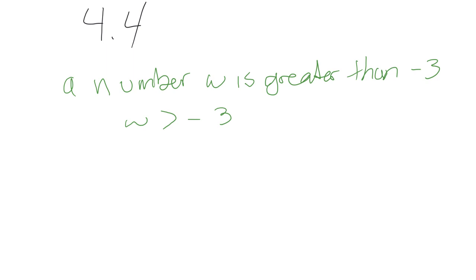Remember, the opening goes to the number that's greater than. If I wanted to say w was greater than or equal to negative 3, put a line underneath it. If I wanted to say w was less than negative 3, just switch the sign. All right, simple.